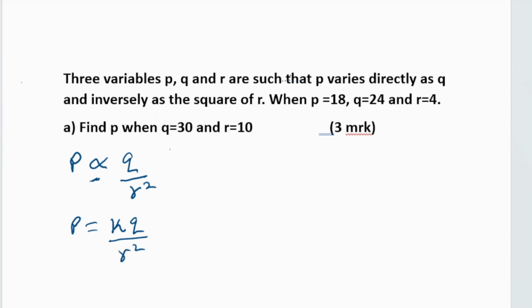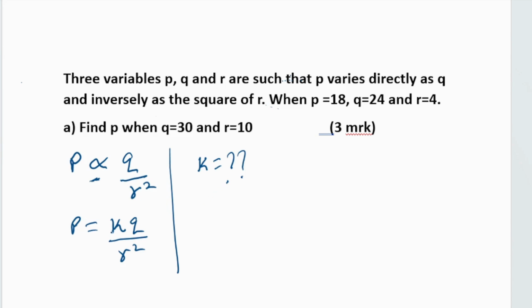Now, we need to find the value of the constant k for us to be able to write this expression properly. Remember, this k is a constant, and therefore we go to the next sentence. When p is 18, q is equal to 24 and r is equal to 4.